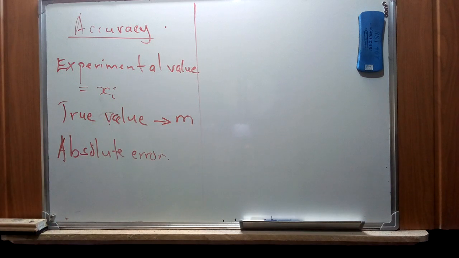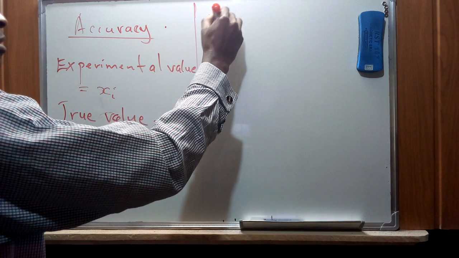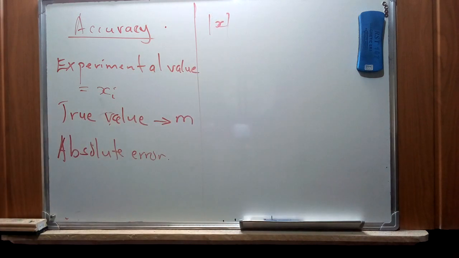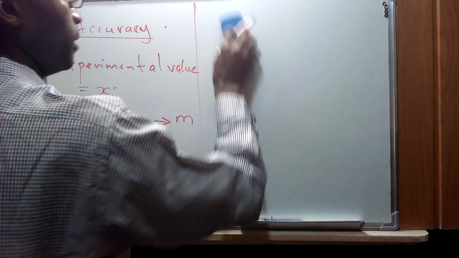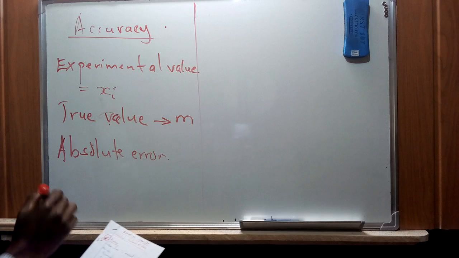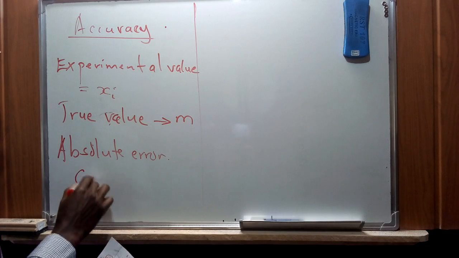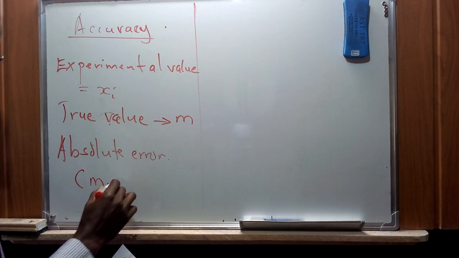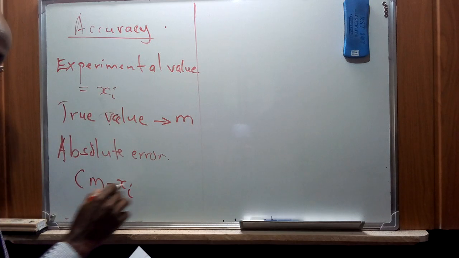In some of our methods, we've talked about the concept of absolute value. So here, an absolute error can be represented as the deviation from the true value, that is, the experimental value of a measurement.